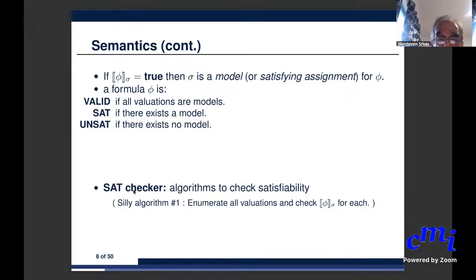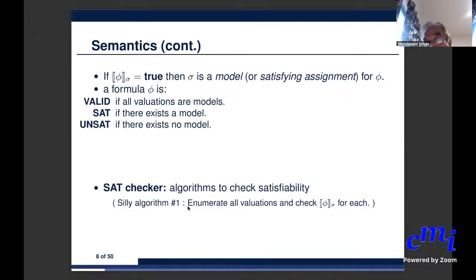And a SAT checker is an algorithmic way to check these three things, given a formula. Even if you allow infinite things, these algorithms are supposed to check satisfiability for finite formulas.